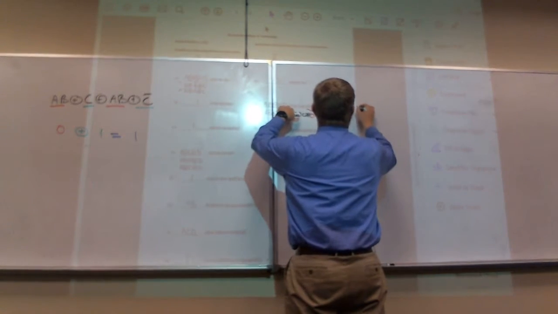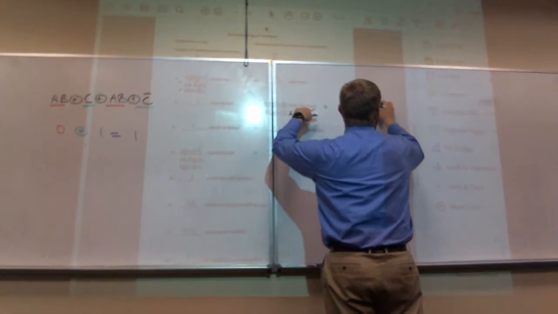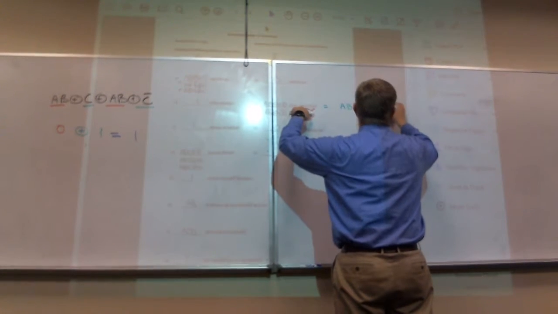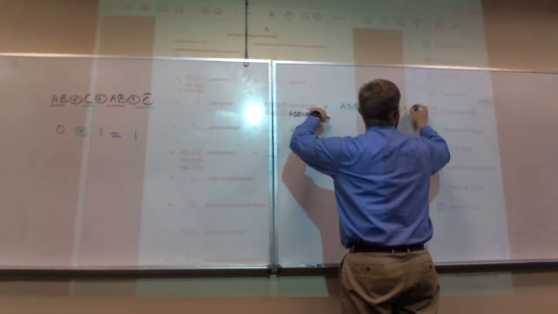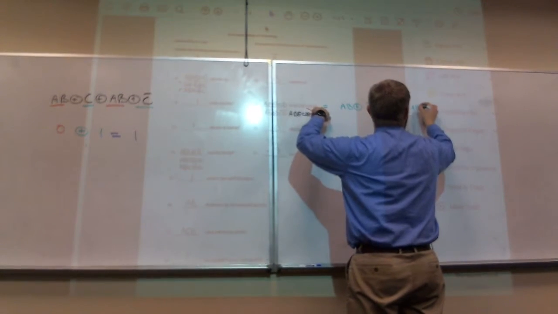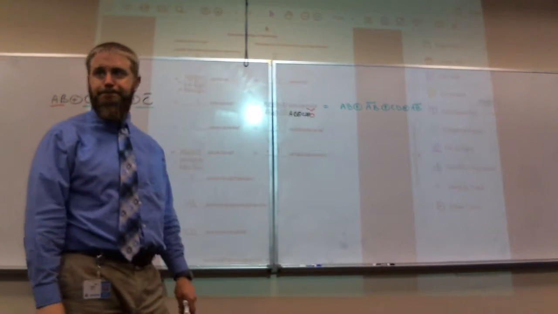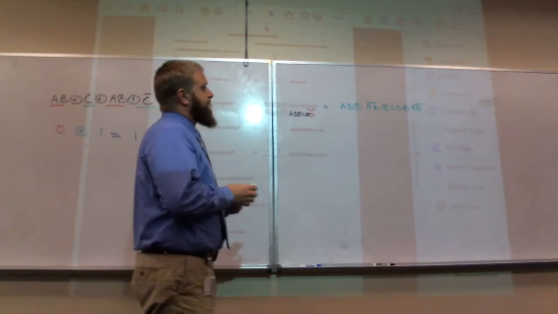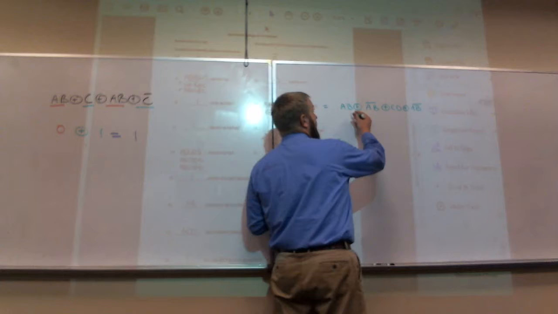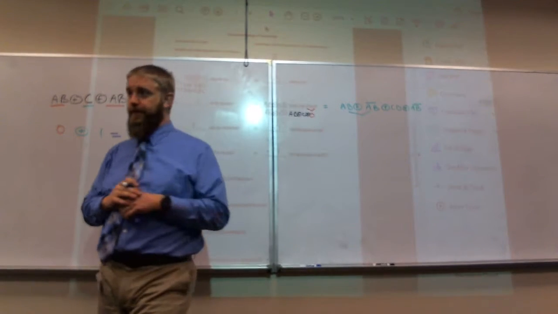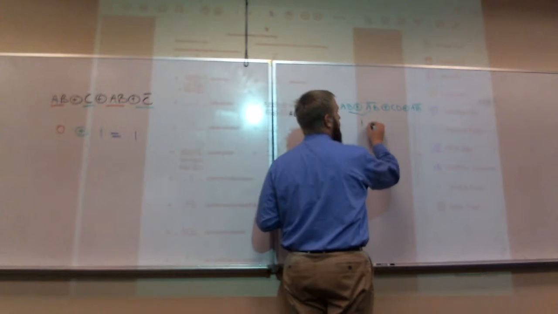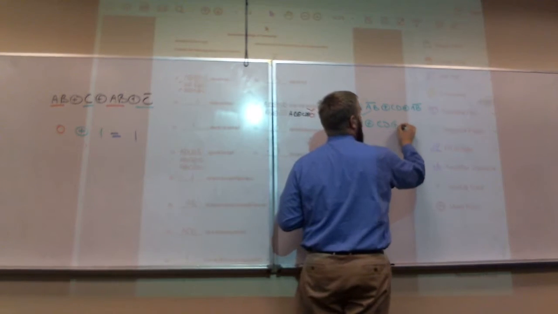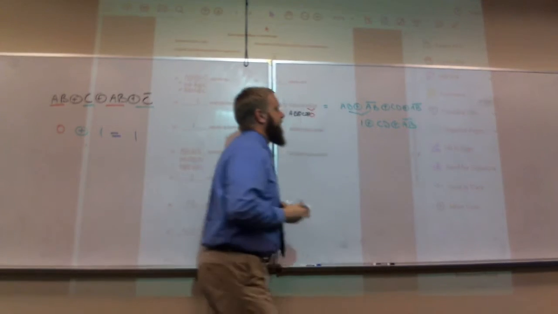If I did AB XOR, move over one of the AB naughts, XOR CD XOR AB naught, and I instead combine these two, AB XOR AB naught is equal to 1, always opposite. That gives me 1 XOR CD XOR AB naught.